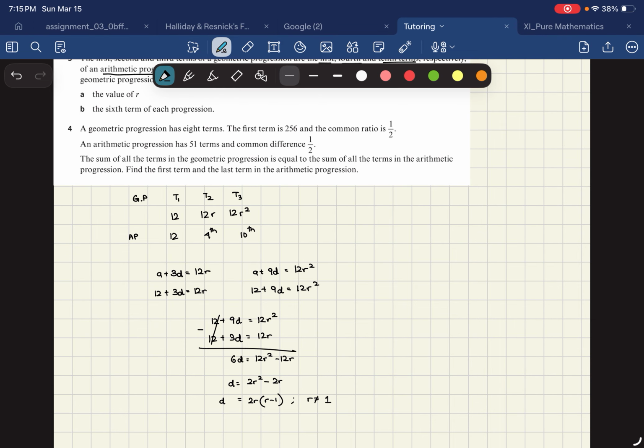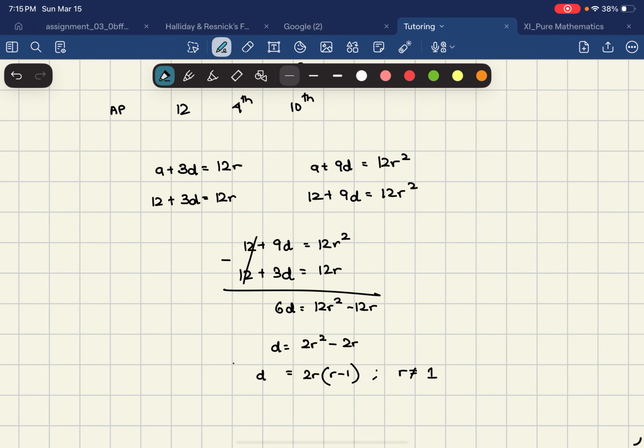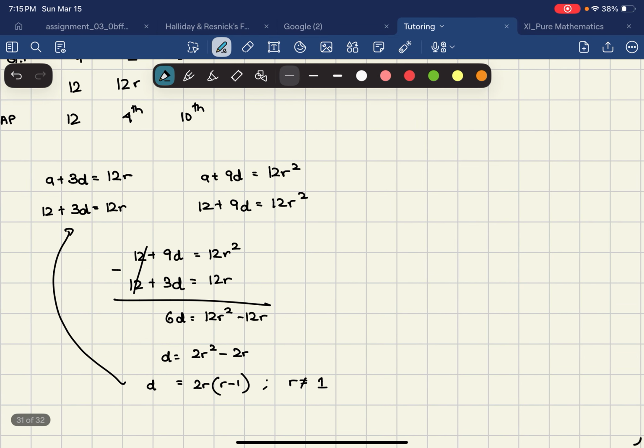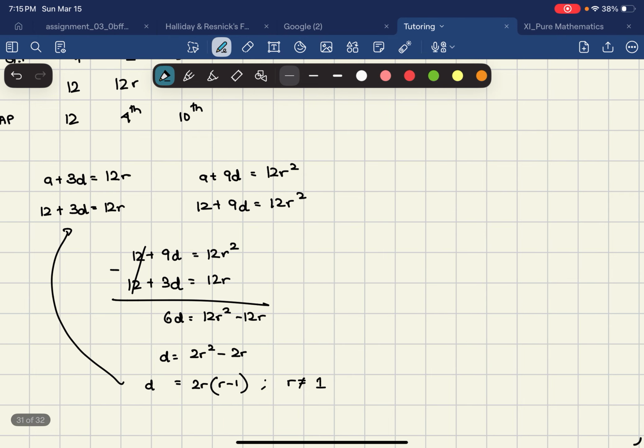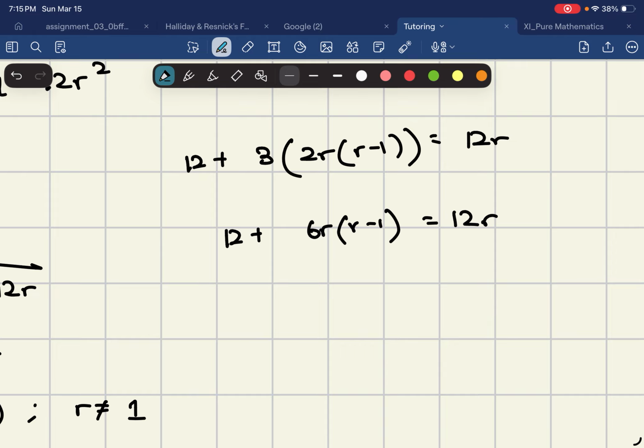And so now I can substitute this value of d here to find r. So let's pick the simplest equation, which I believe would be the one. So 12 plus 3 times 2r times r minus 1 is equal to 12r. And let's just solve this. So 12 plus 6r times r minus 1 is equal to 12r. So 12 plus 6r squared minus 6r is equal to 12r.